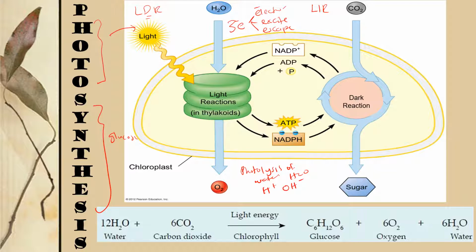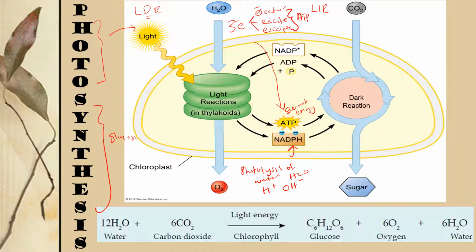The electron escape will produce ATP, which will later be used in the LIR or dark reaction. Meanwhile, H plus will be used to produce NADPH. The 3E will produce ATP, to generate energy.